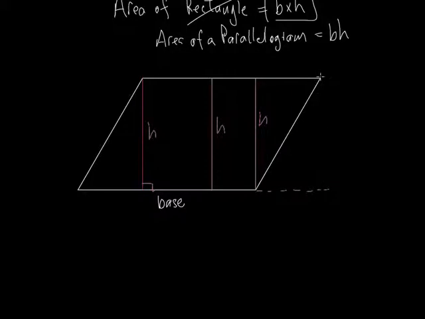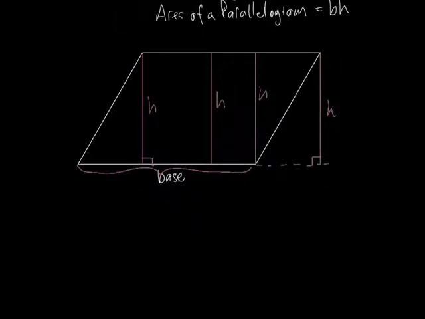And then go from this, as long as it's perpendicular to where that base would be, that would still be considered the height. Agreed? That's if this right here was the base. So if this is the base, all these purple ones right here would be the height of that parallelogram.